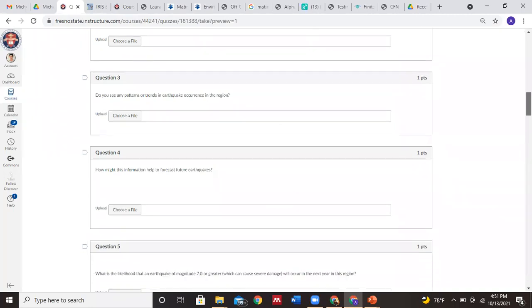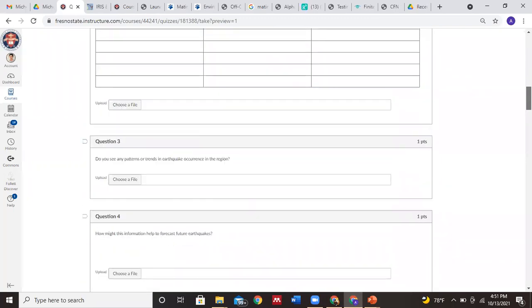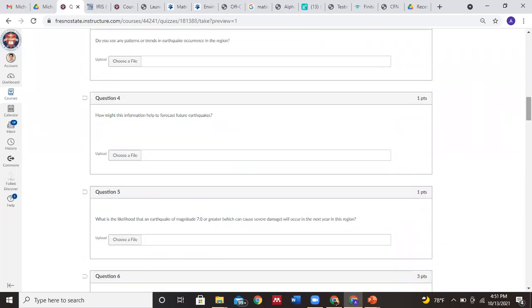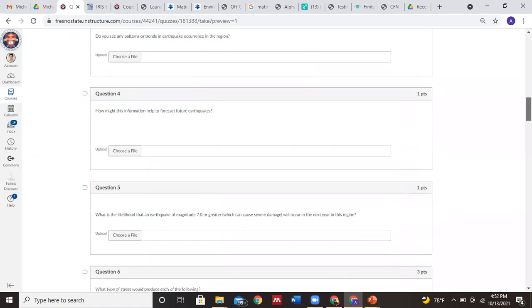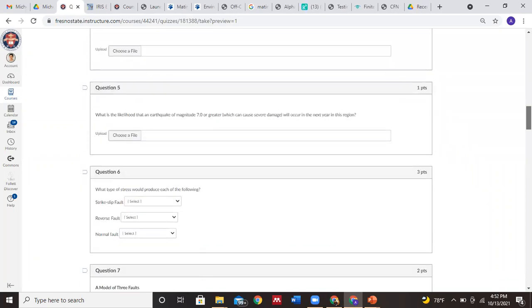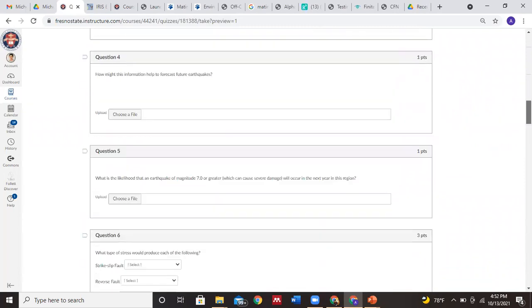You're going to look for patterns and use that to answer these questions. Maybe a certain river or land mass has more earthquakes than others. Maybe that can help you predict future earthquakes, so it involves a little creativity. Then, for the likelihood of 7.0 earthquakes or greater, that's going to be what you see in the pattern in your area of study.